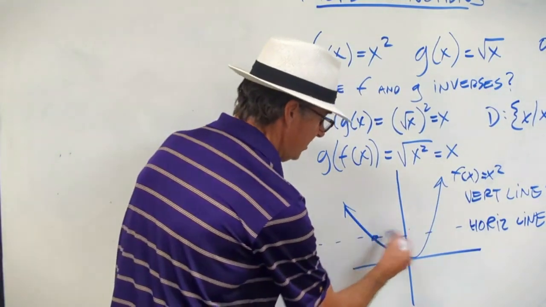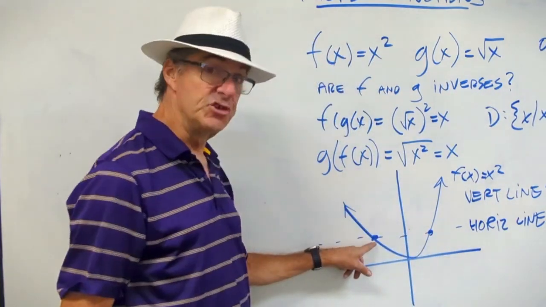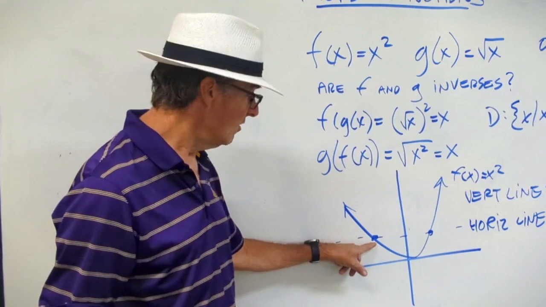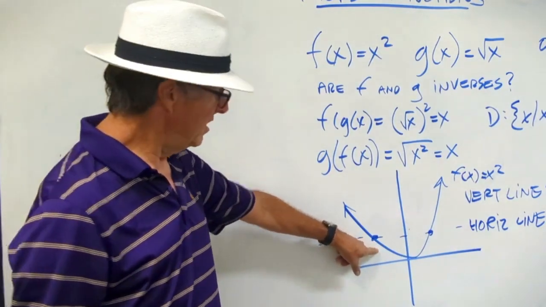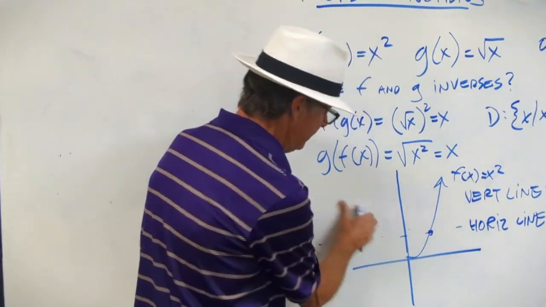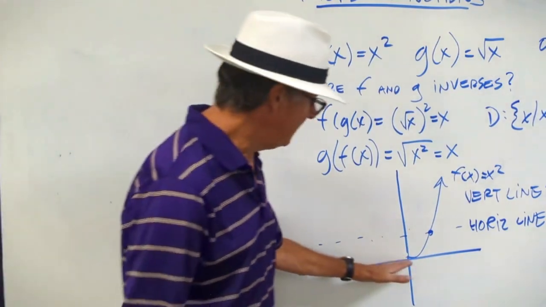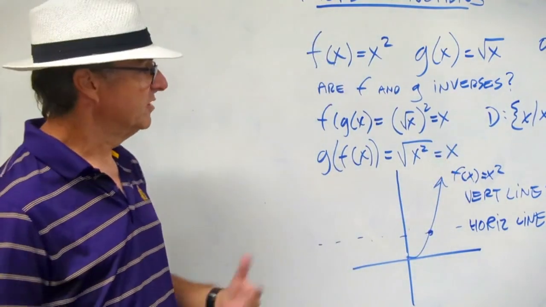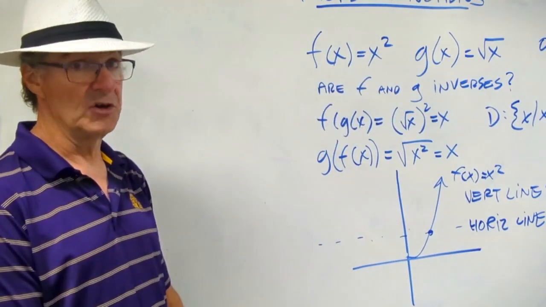And that's what the horizontal line shows us. Whatever y value is here, we have two different x's that can come out. And so y equals x squared doesn't work. If you limit the domain, then this function looks like that. If it's just for x positive, for x greater than 1, and then that does work. So again, if we have the quadratic function in here, we just have to make sure we limit the domain.